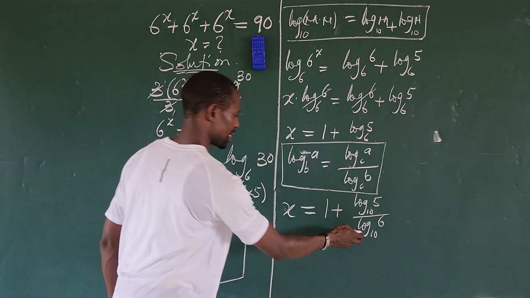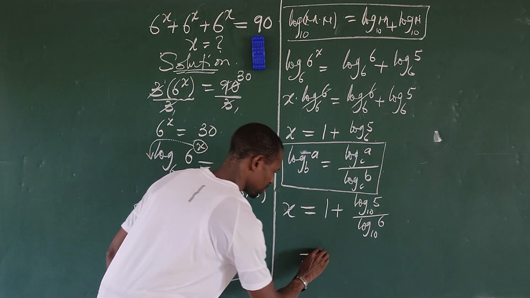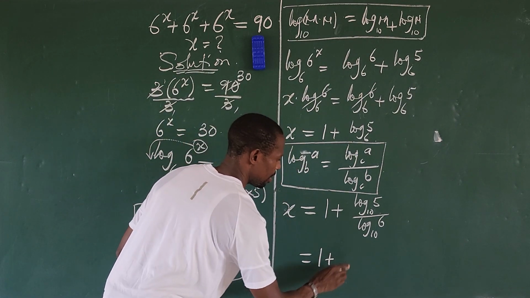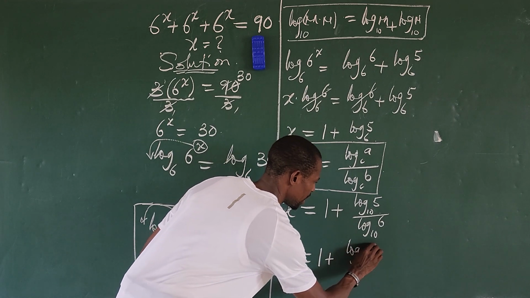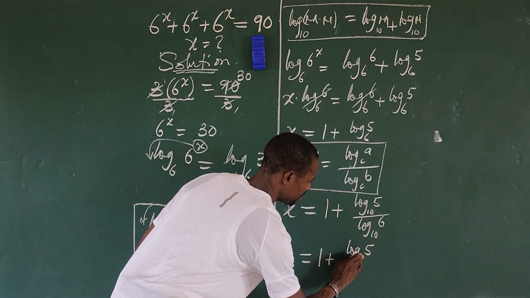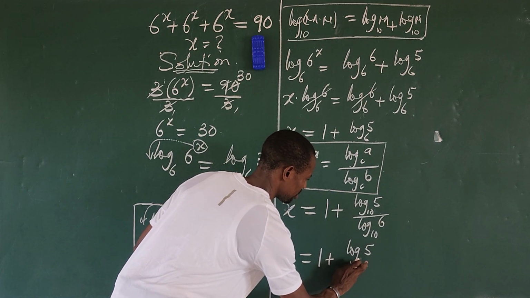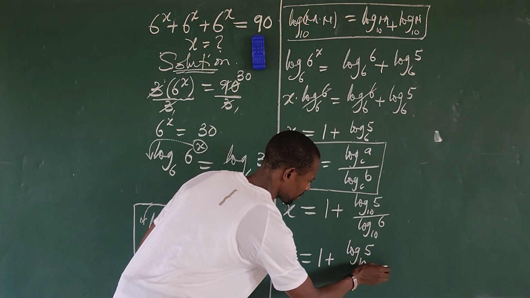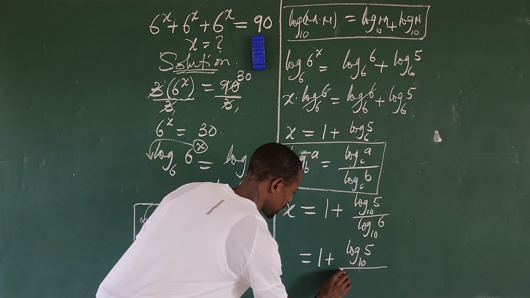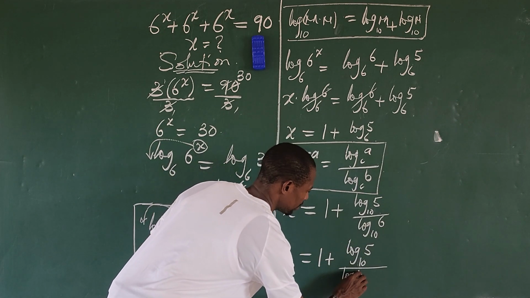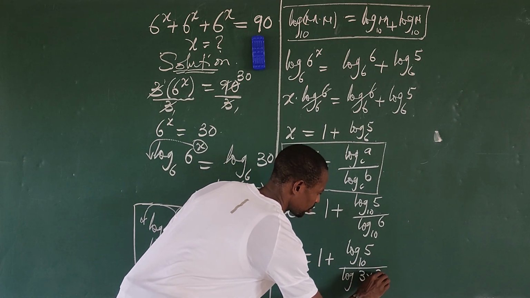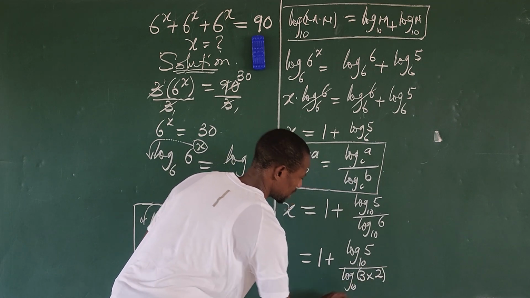So we rewrite this side of the equation. So this is going to give us 1 plus log 5 base 10. We changed to base 10 already. So base 10 all over log 3 times 2, base 10.